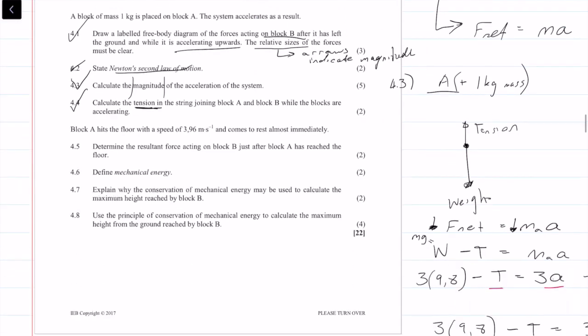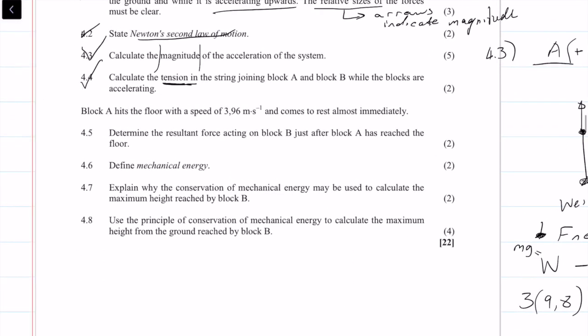Okay, so then the question goes on and says block A hits the floor with a velocity of 3,96 meters per second and comes to rest almost immediately. Question 4.5: determine the resultant force acting on block B just after block A has reached the floor.